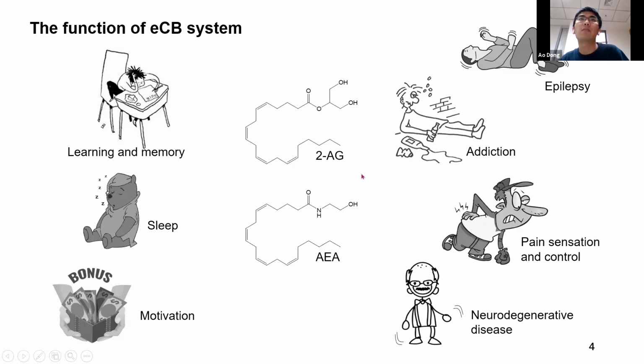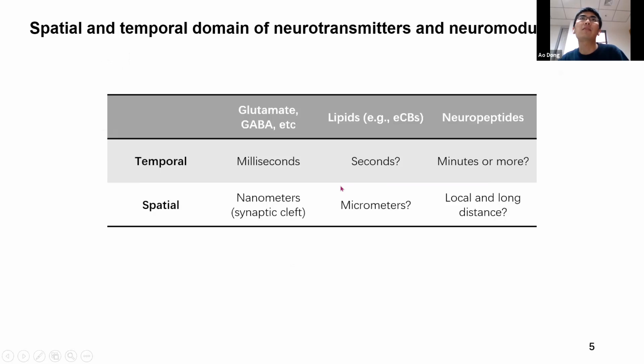So although we know a lot about the functions and biochemistry of the endocannabinoid, a key question still remains to be answered. That is the spatial and temporal dynamics of the eCBs, especially in the brain. People guess that it functions in the time scale of seconds and diffuses to tens of micrometers. However, we do not have direct evidence for this.